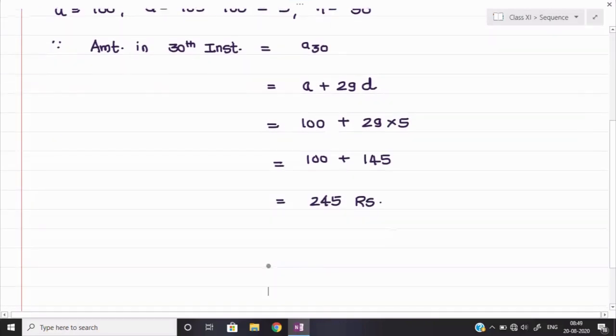So we can say that therefore he will pay rupees 245 in 30th installment.